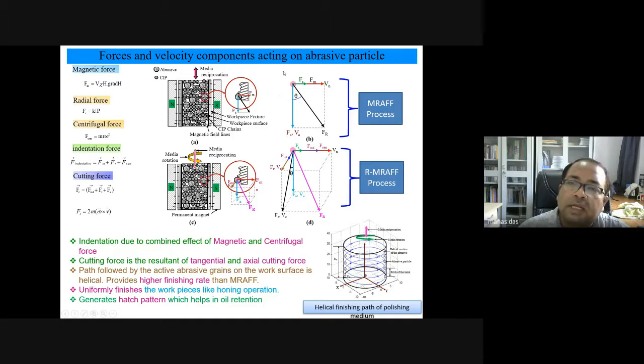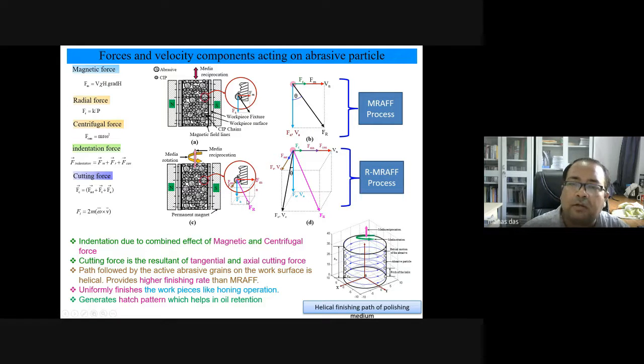From the simulation study, what we have done is calculate the axial stress, radial stress, and shear stress from this CFD simulation, and from the Maxwell simulation we have calculated the magnetic force. And when this fluid is rotated, the centrifugal force also acts as an indentation force, and there is also a Coriolis force.